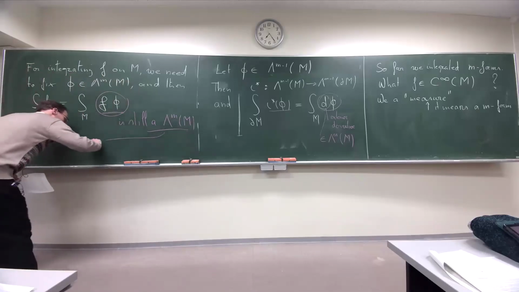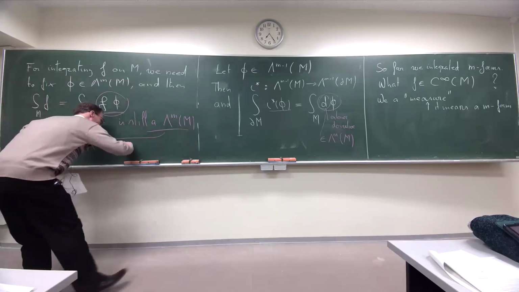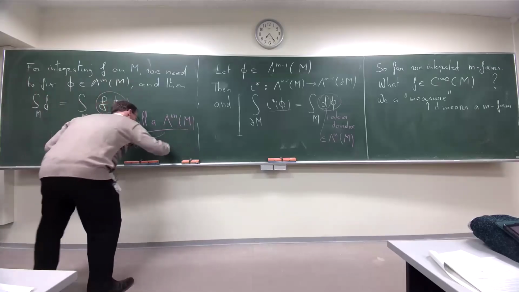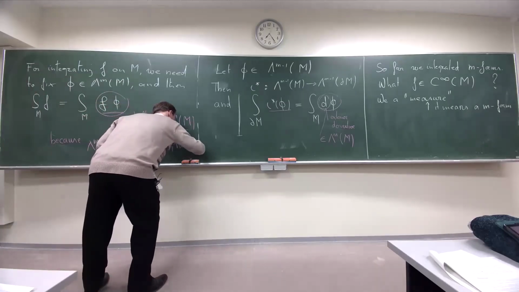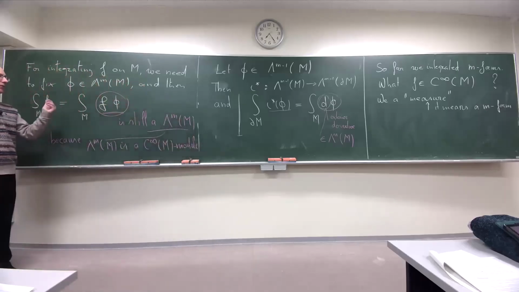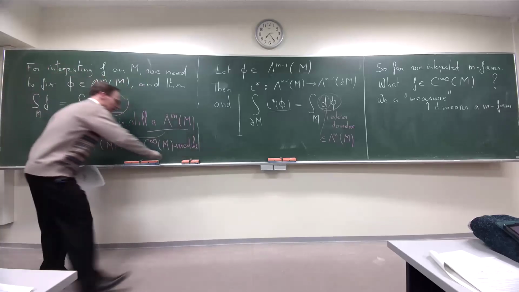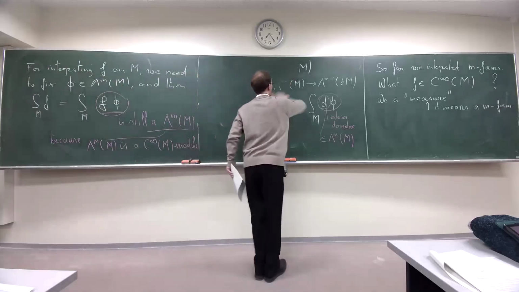I don't want to emphasize it too much, but it's still true because the set of M forms is a C infinity of M module. It simply means you can multiply on the left. It's quite clear. What is this phi at p? You evaluate at p more precisely.